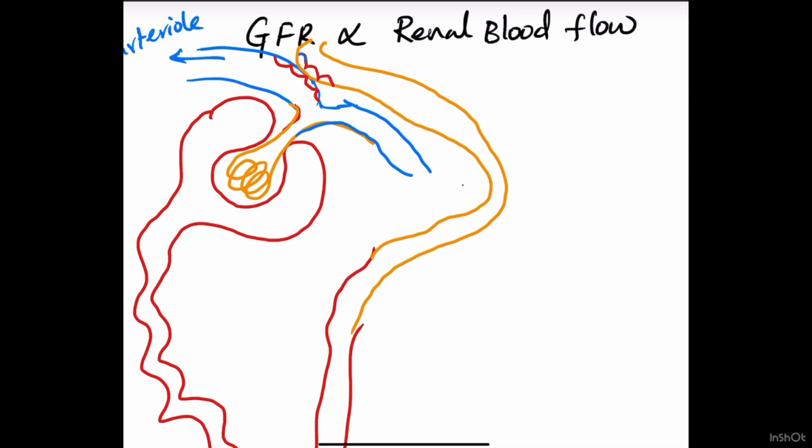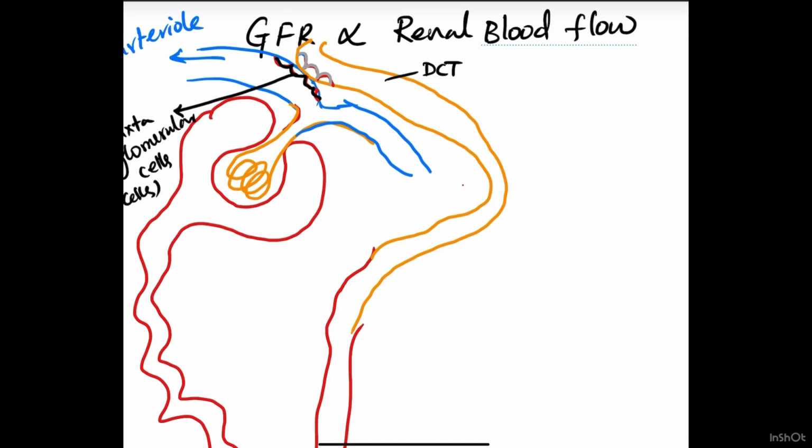The afferent arteriole area where it communicates with the DCT is called juxtaglomerular cells, or simply JG cells.